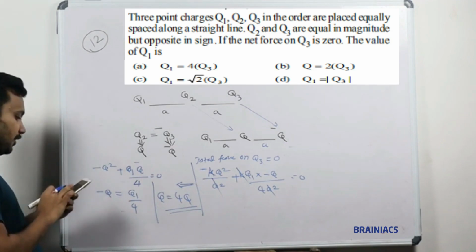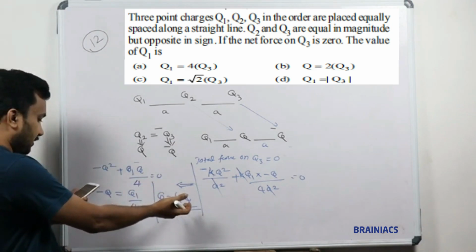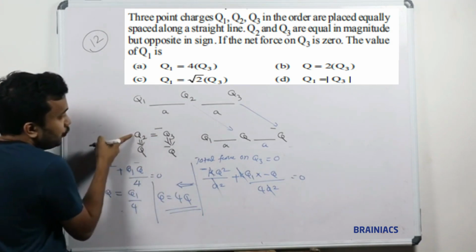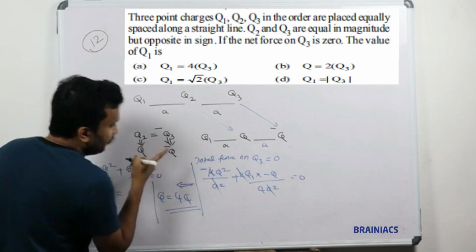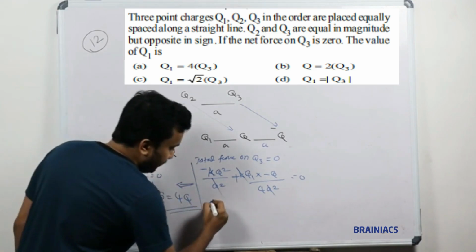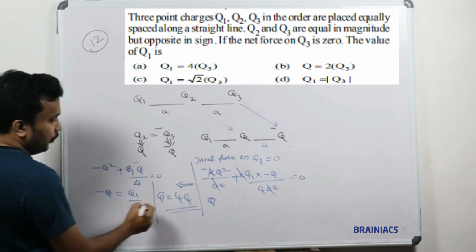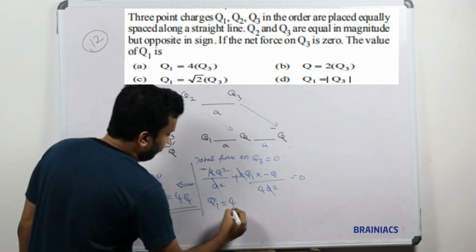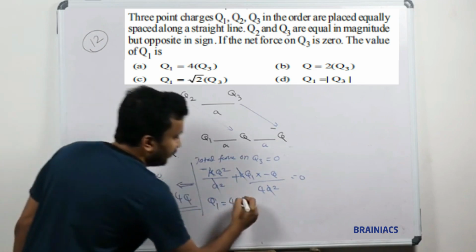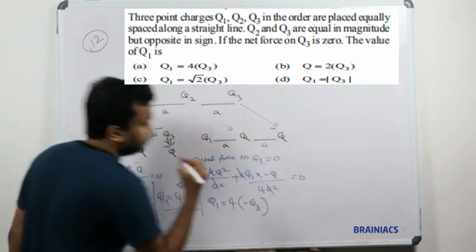Next, here they are asking for Q1 in terms of Q3. What have we considered? Q2 is equal to plus Q, and Q3 equal to minus Q. So Q1 equal to 4 times Q means I can substitute Q as Q2, or I can substitute it as minus Q3.